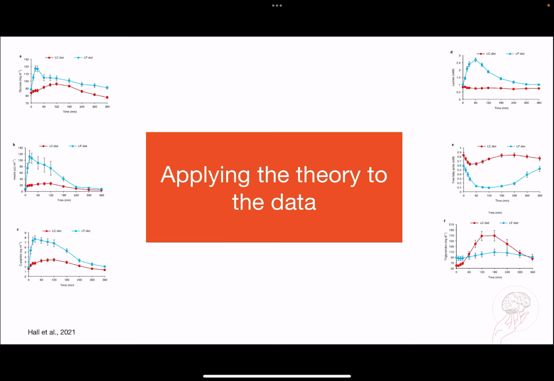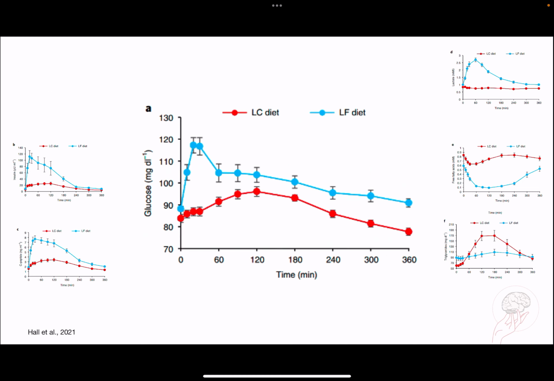So let's apply now what we've learned about these enzymes to the data we saw in Hall's experiments. He also took glucose measurements over time, and over the course of 360 minutes, this is an oral glucose tolerance test, we see that on the low-fat diet, at 0, this is baseline, right about 10 minutes, they drink a glucose drink.